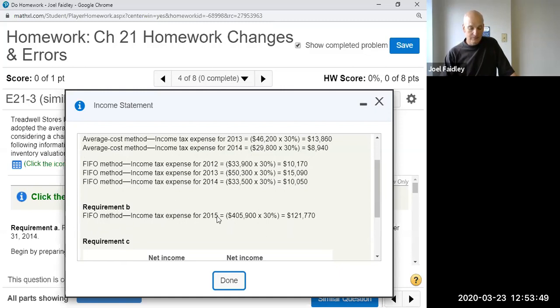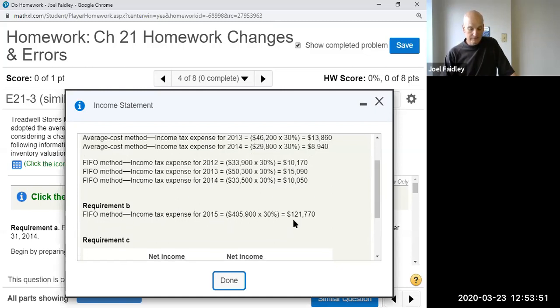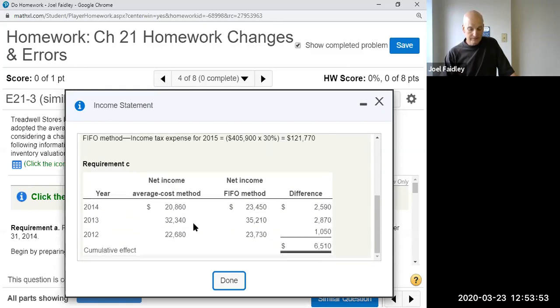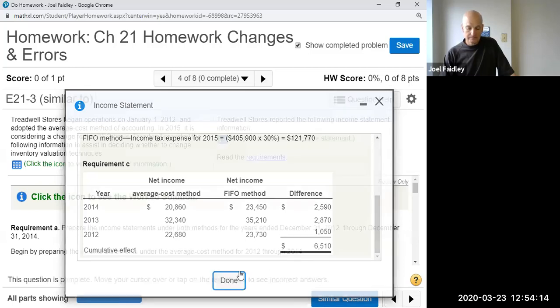Requirement B, FIFO for 2015. And then requirement C, there's the difference between each of those years laid out for you that you've already done. So you got more income in each of those years going with FIFO versus average cost, 6,510. And that's after tax.